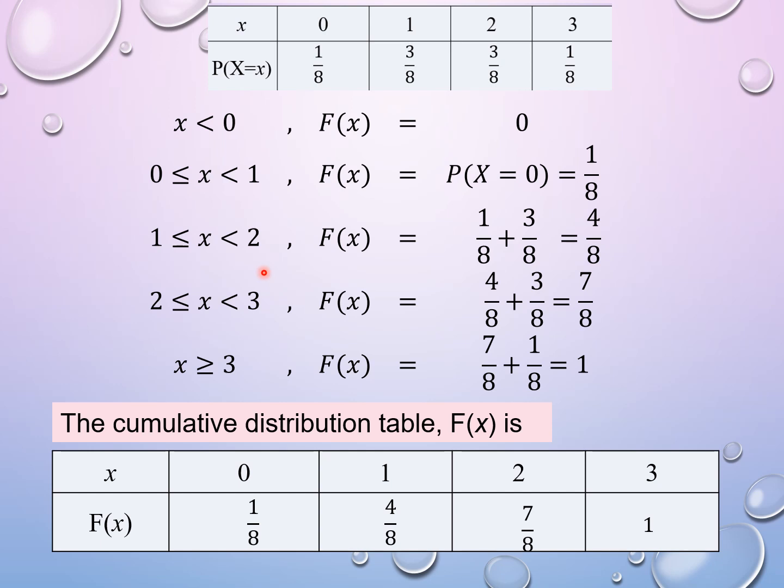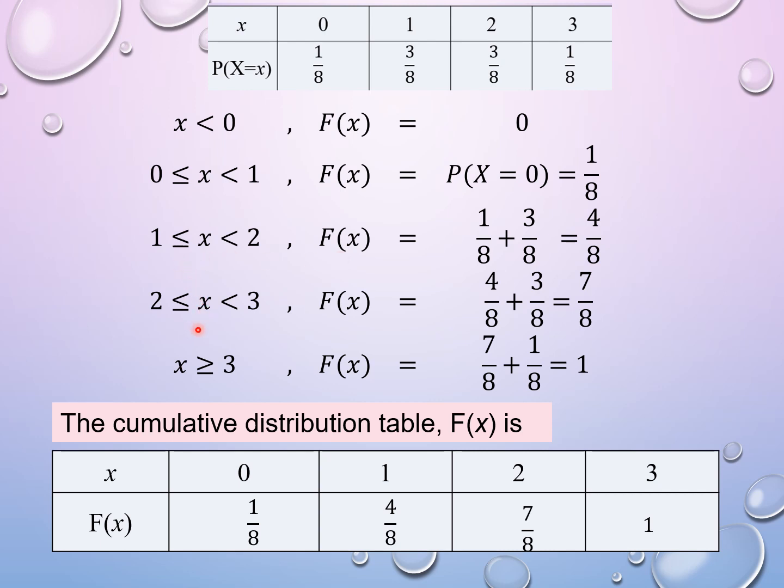The process of obtaining the cumulative distribution function is actually quite similar to how you find your cumulative frequency in the first chapter, statistics. Remember, when you need to find cumulative frequency, you total up the previous values.